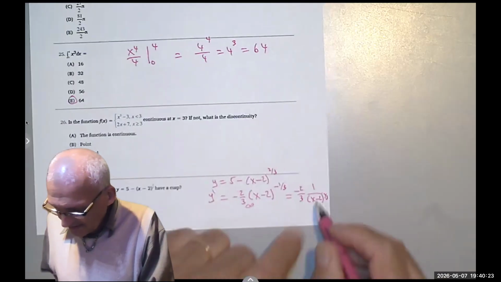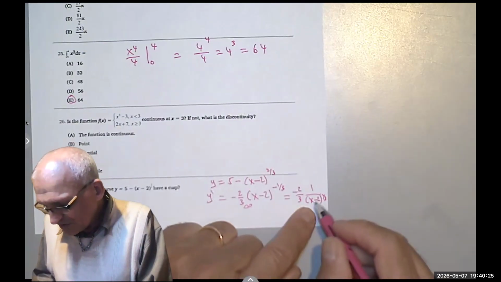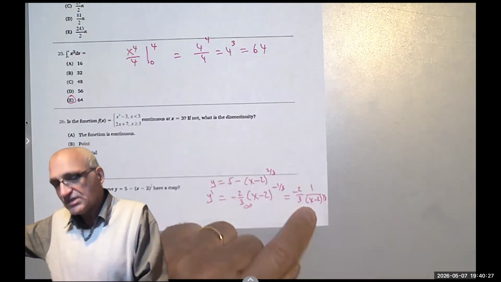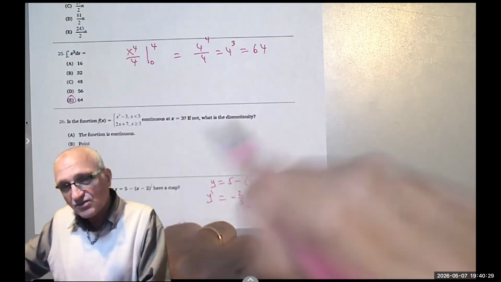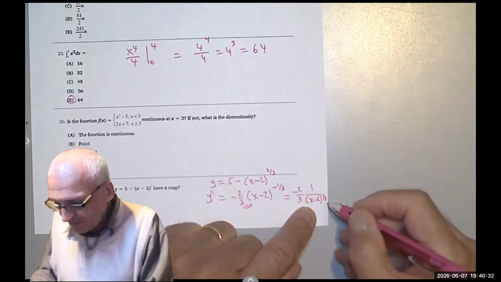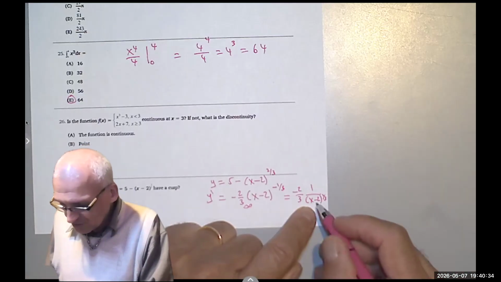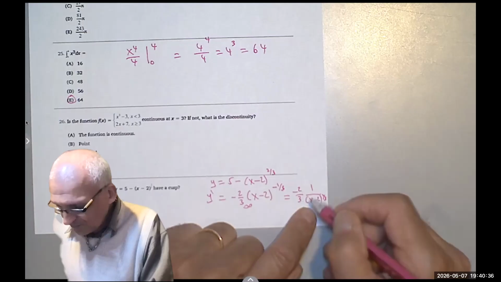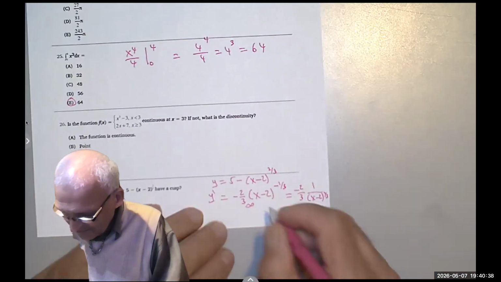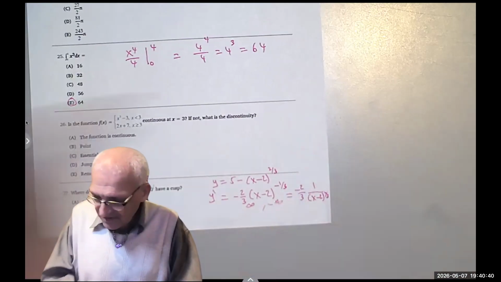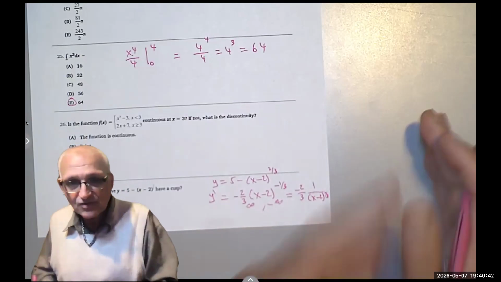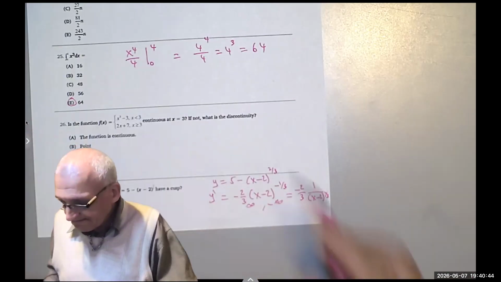From the right-hand side, if this is 2.1, or 2.00001, when you subtract 2, you get 0.0001 to the 1/3. Again, it's roughly 0, and you divide negative 2 over 3 times 0, you get negative infinity. And because it's left positive, right negative, that's a cusp, right?